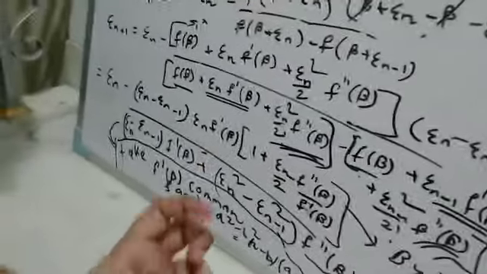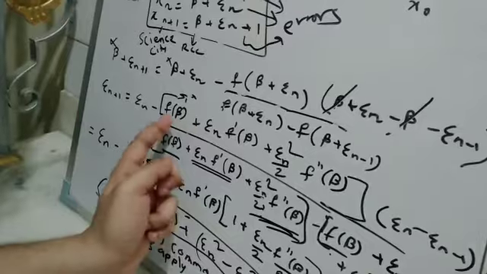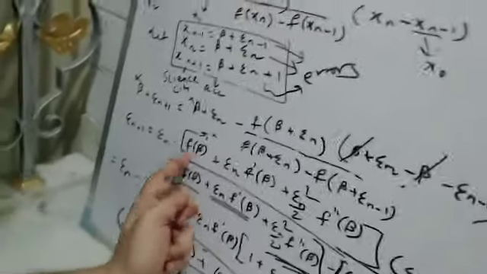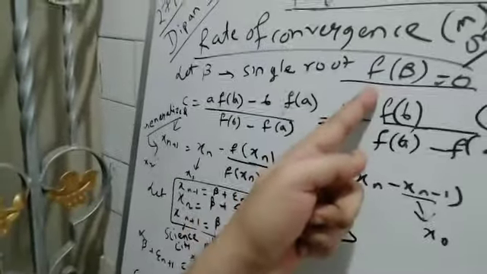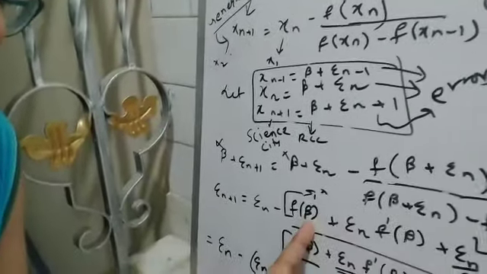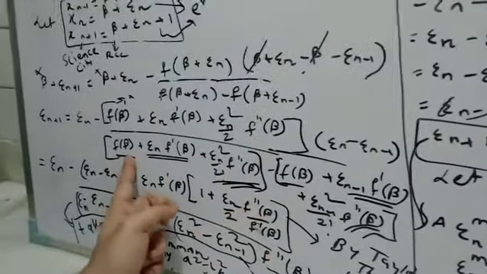Fine. Now, what is f(β)? That means the function value at the point β. This is my root. So if β is my root, that means f(β) should be 0. So this will vanish, and this 2 will cancel out.